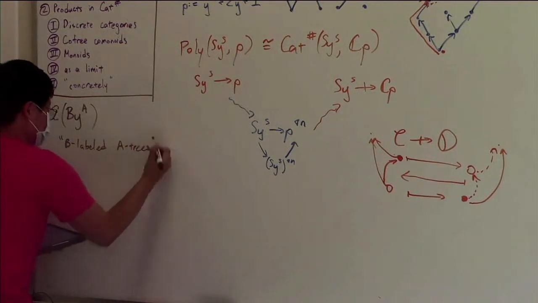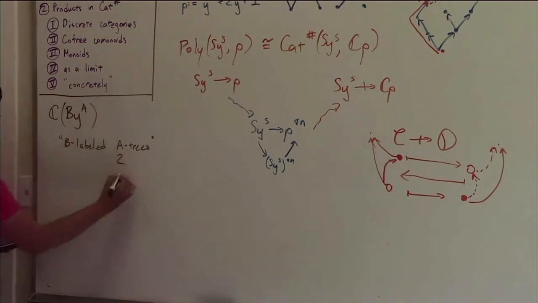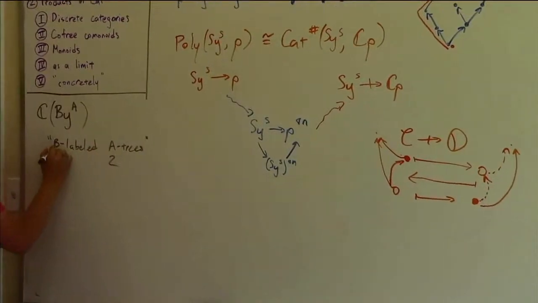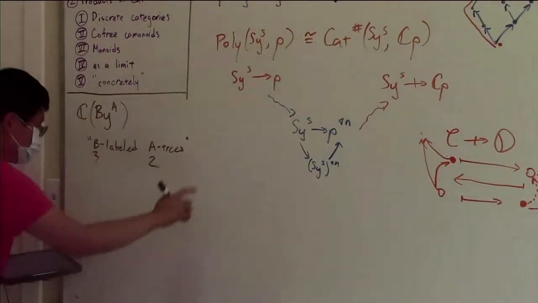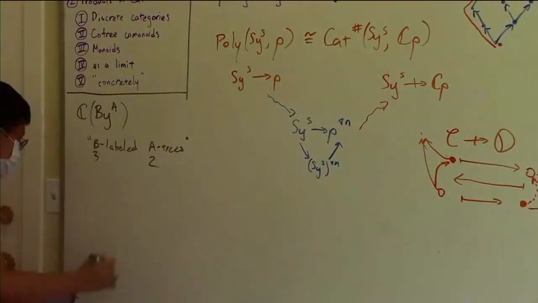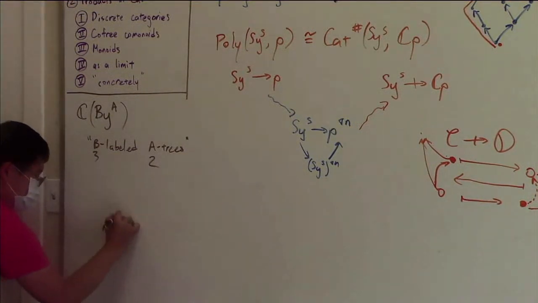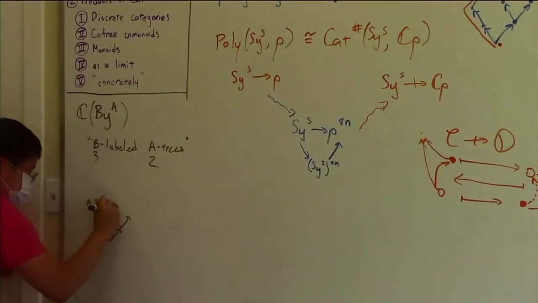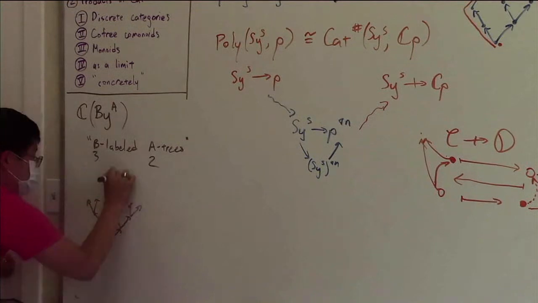Well, let's say A was 2 and B was 3. So these 3-labeled 2 trees. By a 2 tree I just mean a binary tree. It's an infinite binary tree where everything just has 2 children, and it's just going to keep going up this way. And then we're going to label each node with a 1, 2, or 3.